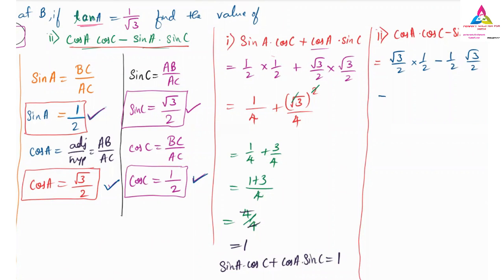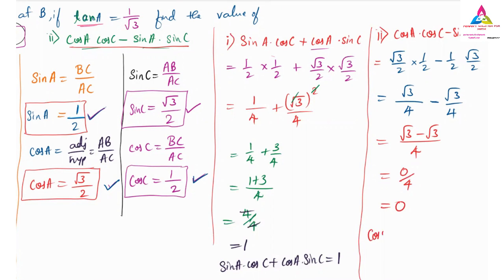So again the calculation part: 2 into 2 is 4. Root 3 into 1 is root 3, minus root 3 as it is, over 4. So root 3 minus root 3 over 4. What is root 3 minus root 3? 0. 0 by 4 is 0 itself.